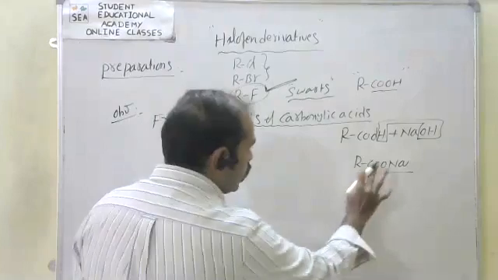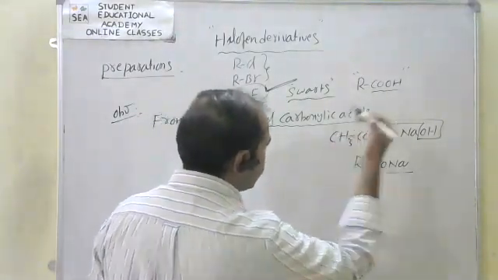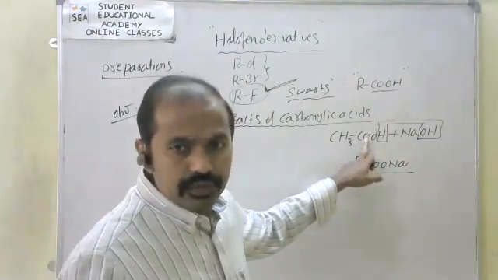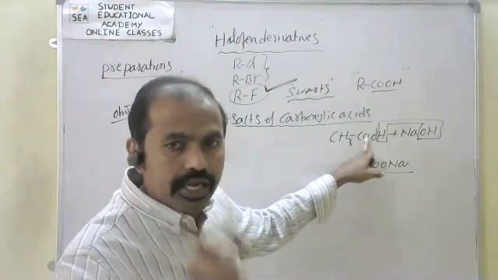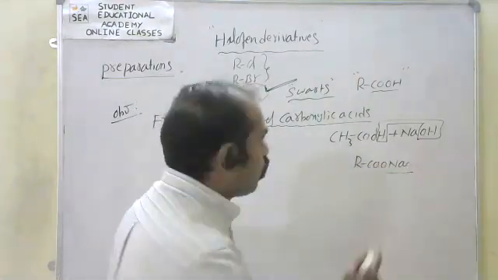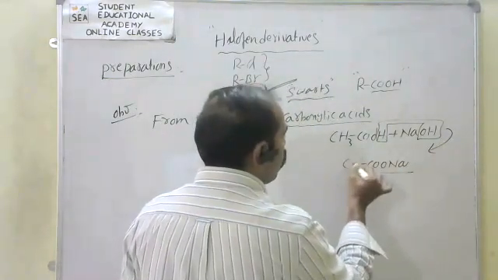For example, here I have taken CH3COOH. It is nothing but acetic acid, the common name. Okay, it reacts with the base NaOH. We get CH3COONa.